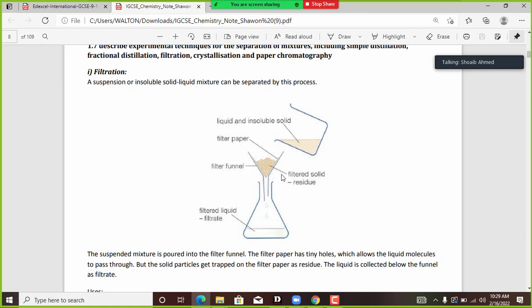The solid is trapped by the filter paper, and the liquid passes through the pores of the filter paper and comes to the conical flask. This liquid is called the filtrate. The trapped solid here is called the residue. This way we can separate an insoluble solid and liquid by filtration.